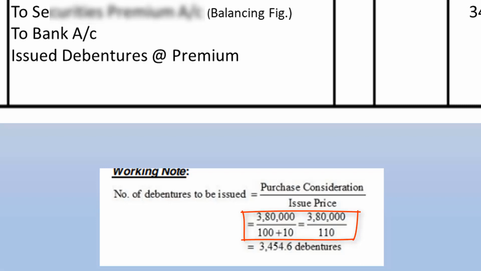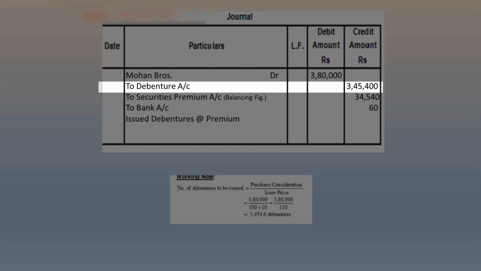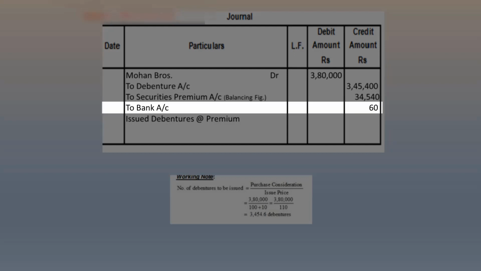The consideration of rupees 3,80,000 divided by rupees 110 being the issue price, which includes the premium of 10%, results in 3,454.6 debentures. 3,454 debentures are then issued and accounted as 3,45,400. Obviously, the fraction of 0.6 of a debenture cannot be issued. This is then refunded in cash.